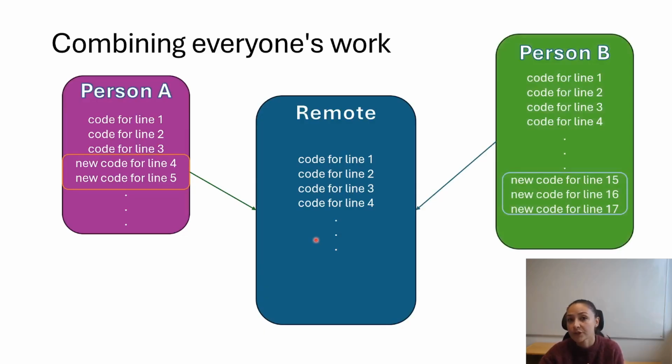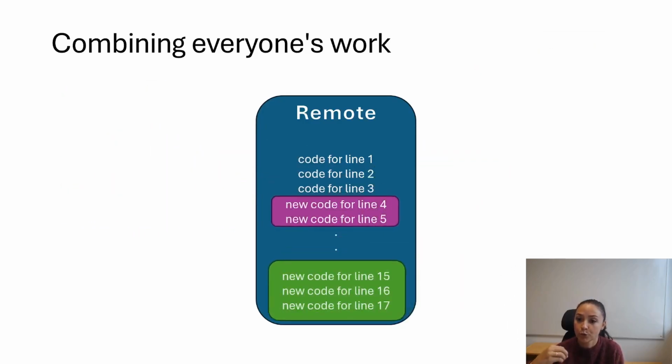And also person B is changing, let's say, lines 15, 16 and 17 and wants to push it to the remote to combine everyone's work. GitHub is quite smart and can push all those things into the remote automatically, and everyone's work is on the remote without having a problem.